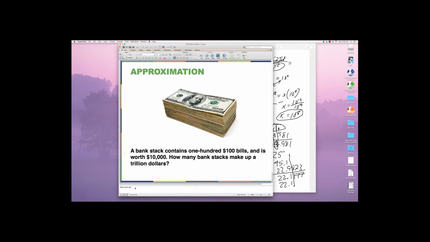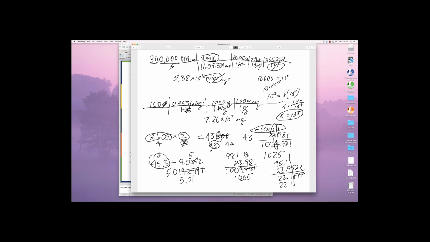There's one other thing I wanted to show you about using approximation. Let's take a look at some of these things we calculated here. For example, this is approximately 45 divided by 9. Now what's 45 divided by 10?